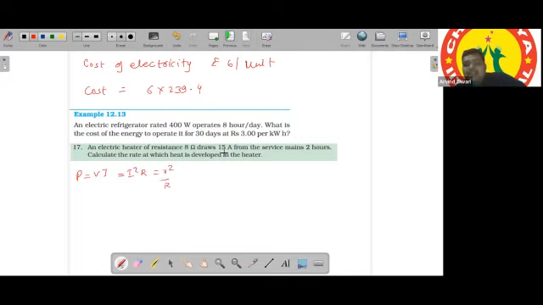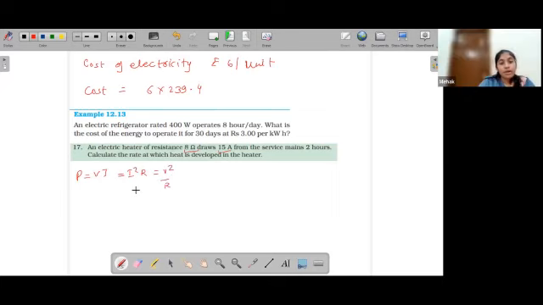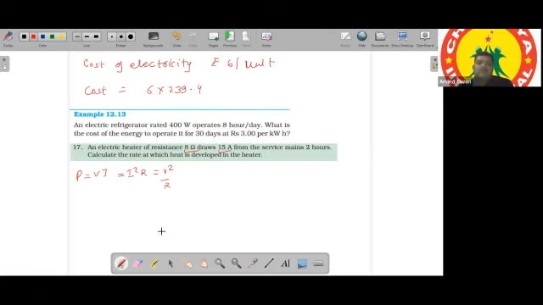We know the current that is drawn, right? We know the resistance. So which formula shall we utilize? I squared R. So we have the formula I squared R. I is 15, so we get 15 squared multiplied by R, which is 8.